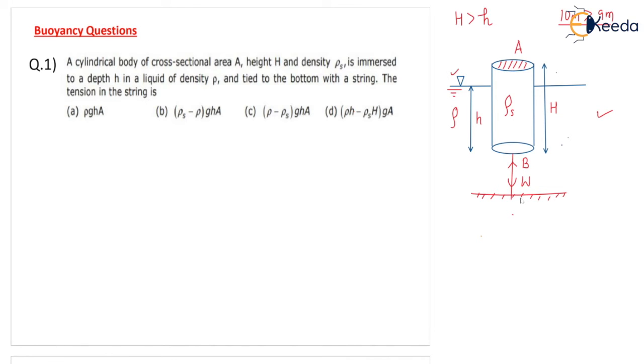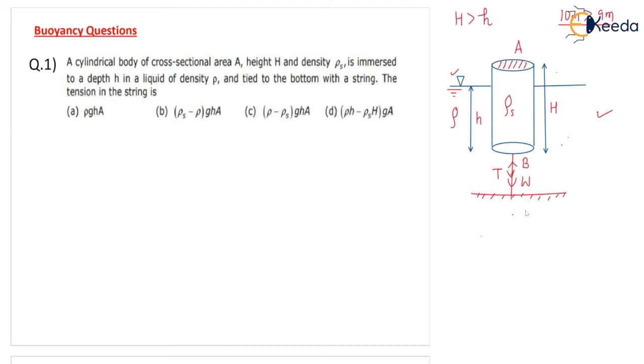What will happen? This body will try to pull the string in the upward direction, so a tension will be developed in the string in the downward direction, and that tension I am writing as T. So two forces act in the downward direction, W and T, and one force in the upward direction, buoyancy.